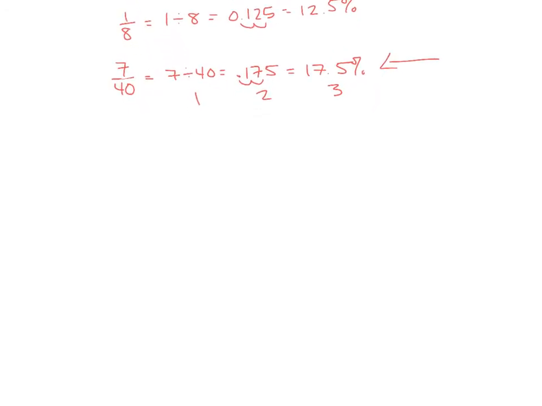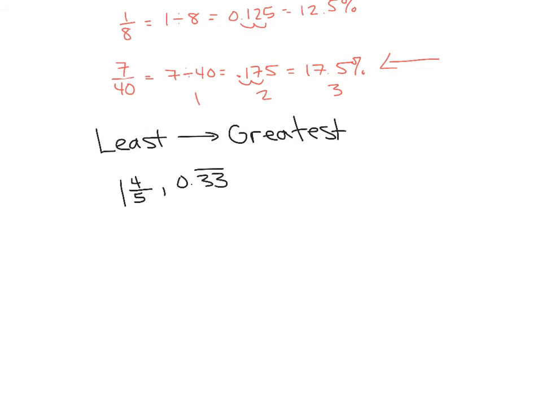You are doing least to greatest with a bunch of different types of numbers. So we have decimals, fractions, and whole numbers, and percents. So we have 1 4/5. We have 0.33 with a line over.